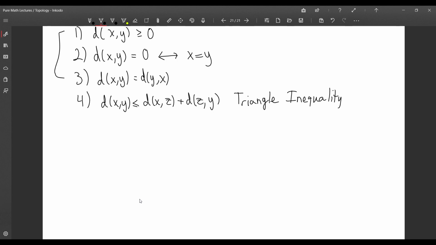A lot of proofs in real analysis essentially boil down to just using the triangle inequality at the right point. And so if X has this metric D, then we call X and D a metric space.